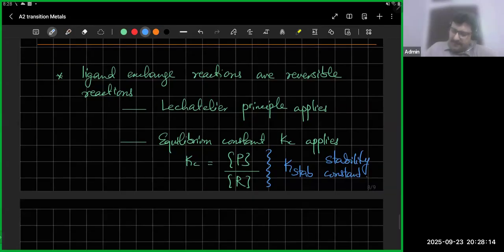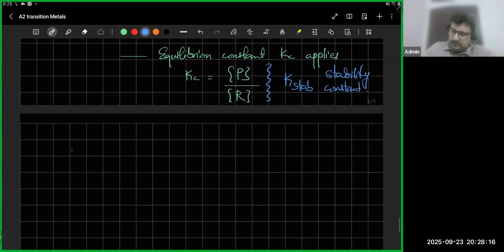And by definition, what K stab is, it is an equilibrium constant. You can remember it's the same Kc, except that it applies to a ligand exchange reaction.